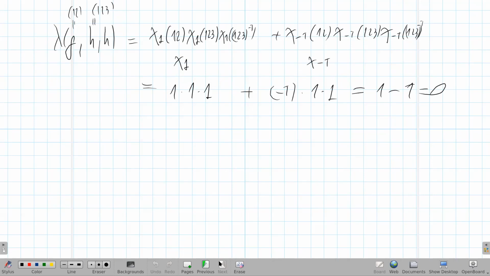And so that's it for this part for the moment. And now we want to move to an extremely important part which deserves a new page, which is induced characters.